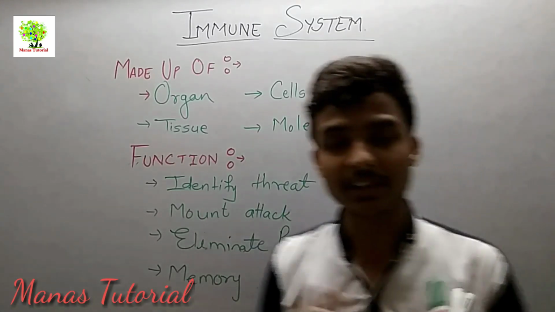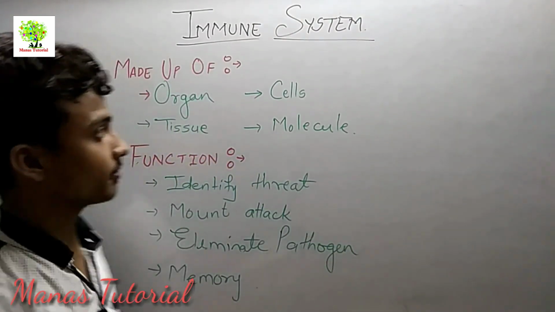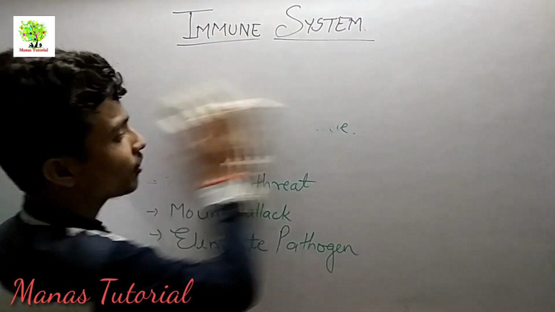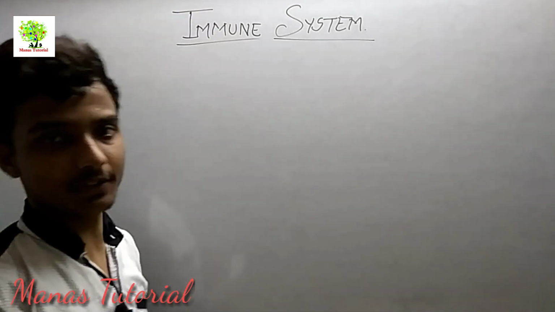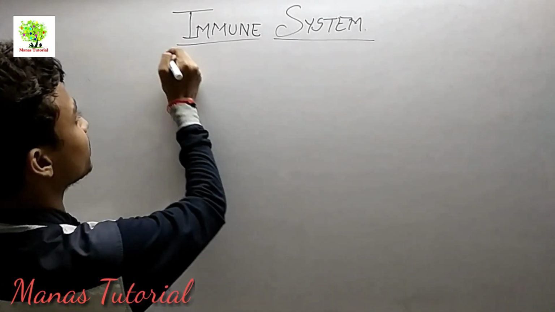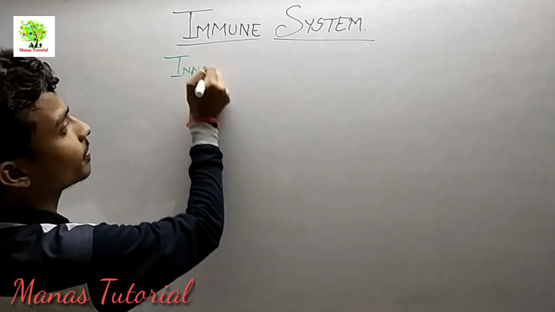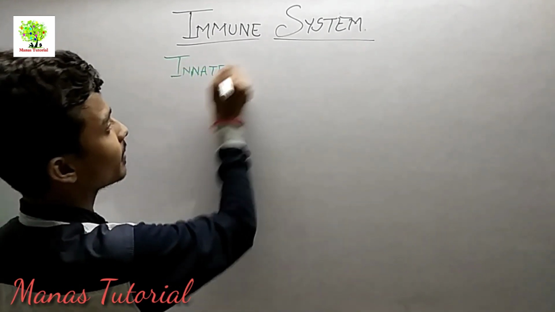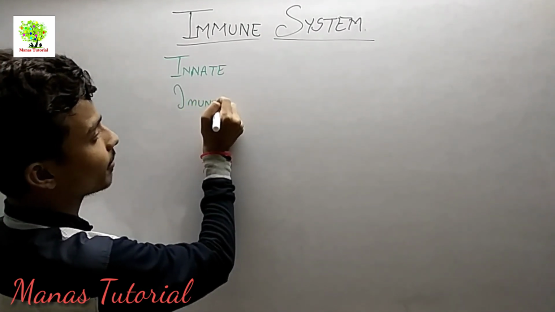Now we are discussing what the immune system is and how it is organized. Our immune system is divided mainly into two types. The first type is known as innate immunity.